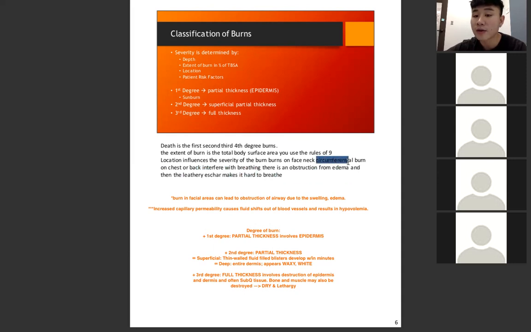And what does circumferential mean? Circumferential basically means that it not only burns the anterior, but also the posterior as well. For example, this is the anterior part of my arm. Circumferential would be the anterior and the posterior as well. It's like the whole circle. And the reason why circumferential burns are dangerous, if you think about it, say my arm is like this, the muscle can constrict or it can dilate.